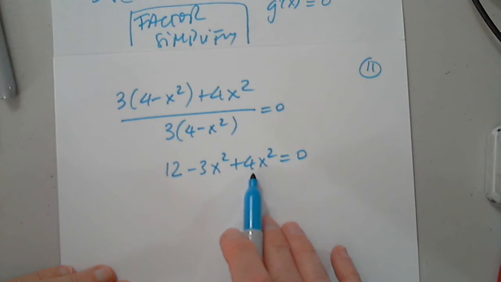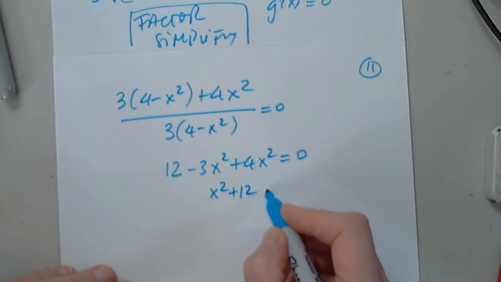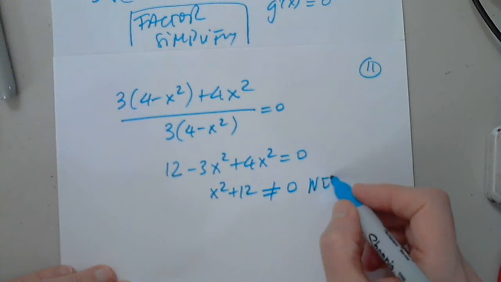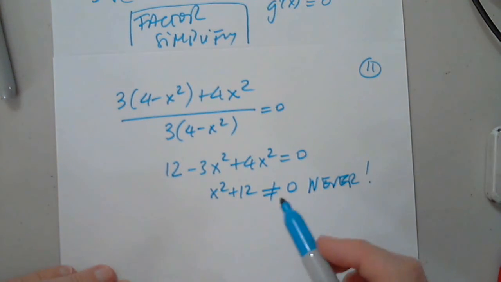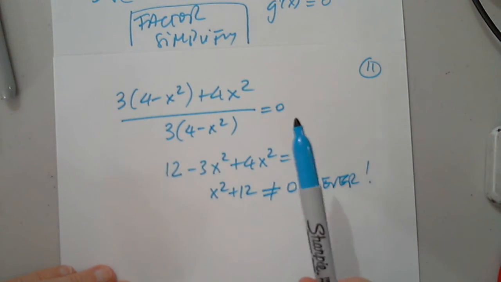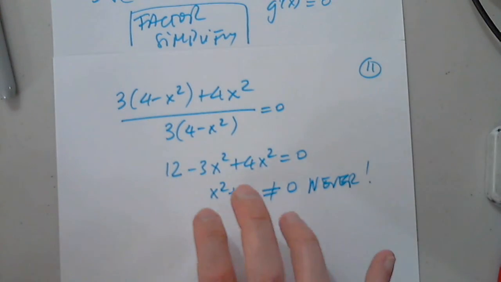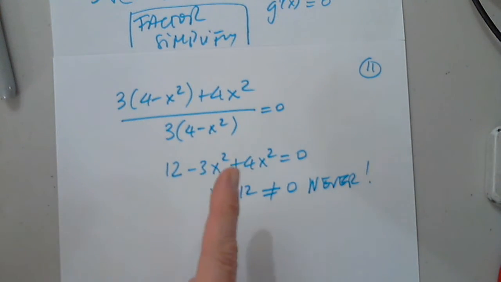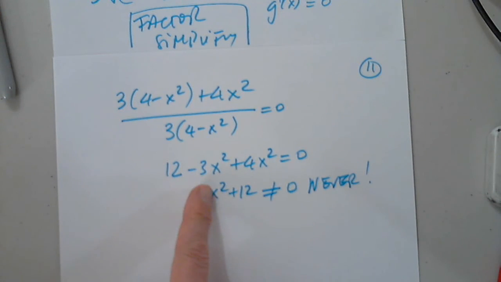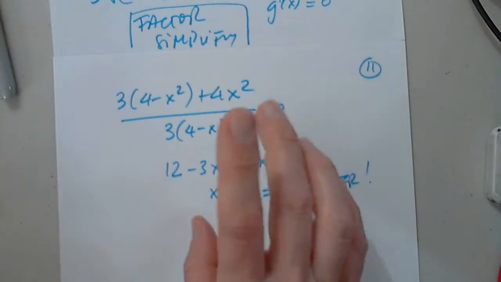So x squared plus 12 will never be 0, never. So as you see, there are no inflection points, but now we have to think in terms of sign. The numerator will always be positive. One more time, 12 minus 3x squared plus 4x squared. X squared plus 12 is never 0, it's always positive.